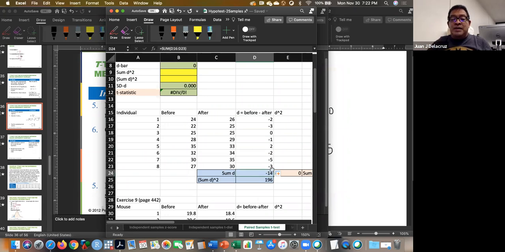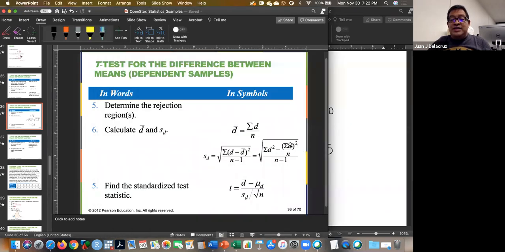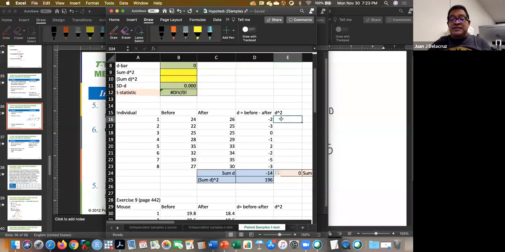So the summatory of the D's is here. So remember, part of the formula, I also need the D's squared. So I'm going to find the D's squared here. So I'm going to square the difference. So I'm going to say this number, circumflex accent, 2.